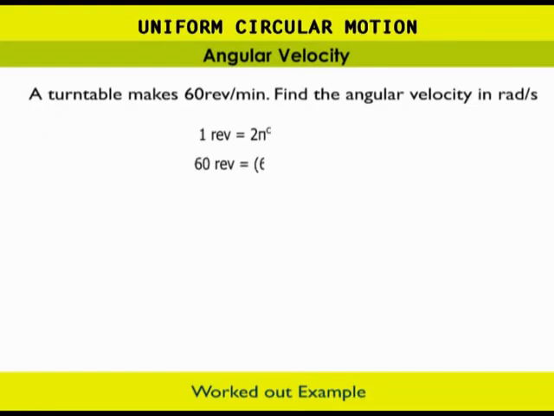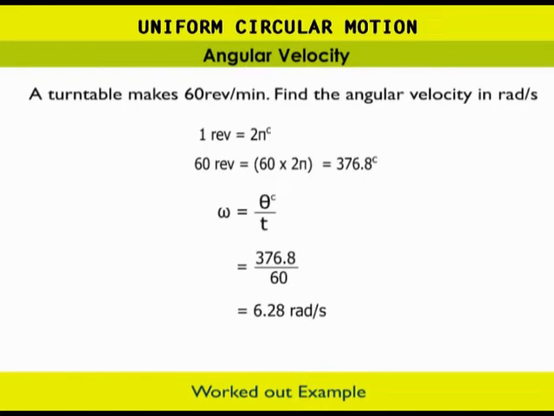That will be 60 times 2 pi, which gives us 376.8 radians. We know that angular velocity is equal to theta over t. That is 376.8 over 60 seconds, that is 1 minute, and that gives us 6.28 radians per second.